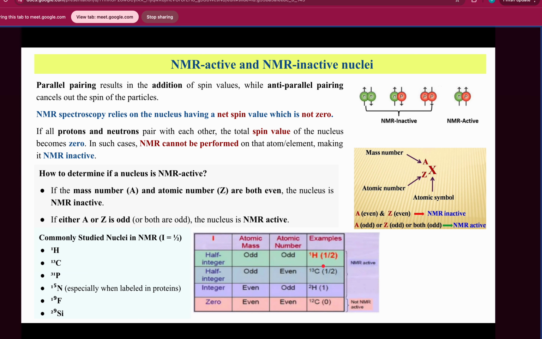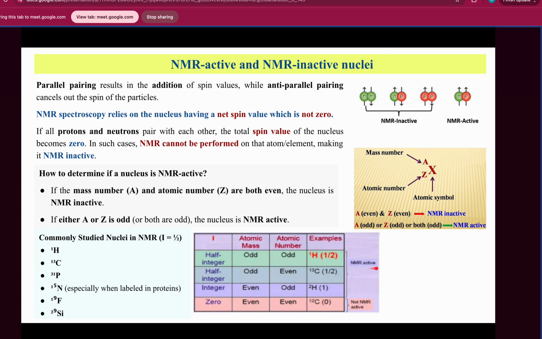So in this case, hydrogen, which is H1, has both the atomic number as well as atomic mass as odd numbers, due to which it is NMR active, and it has a spin value of half. Similarly, carbon 13 also has an atomic mass of odd and an atomic number that is even.